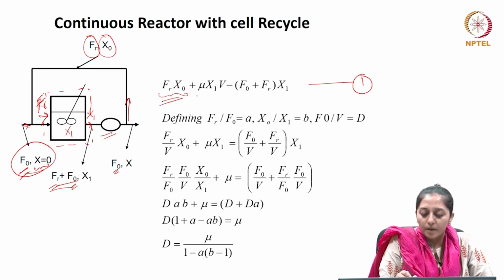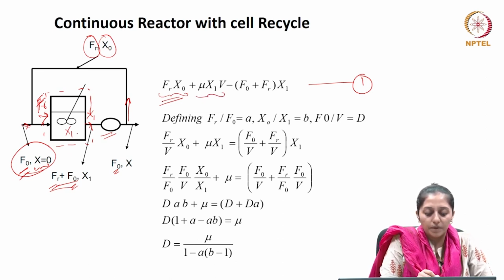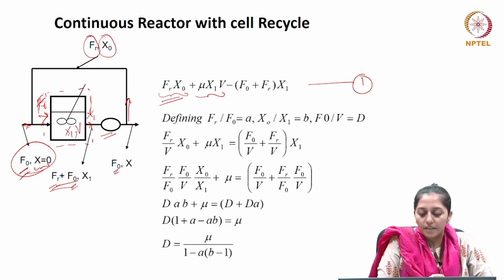Then mu x1 times V. V is the volume of the reactor, x1 is the steady state biomass concentration inside the reactor and mu is the specific growth rate of the culture. So, the second term represents the rate of increase of the biomass due to growth, minus F0 plus Fr times x1.